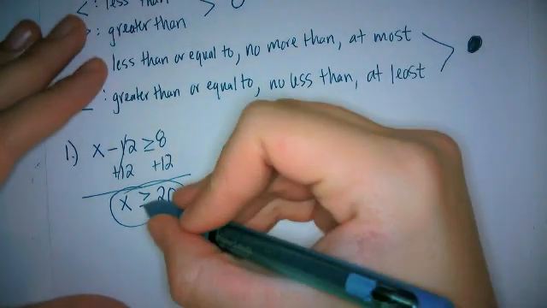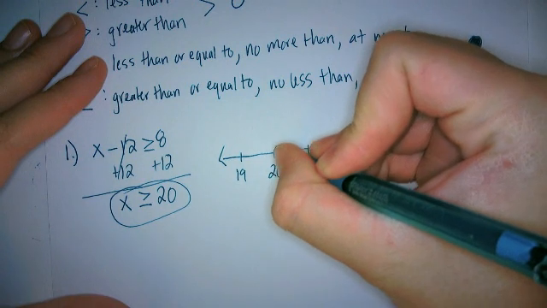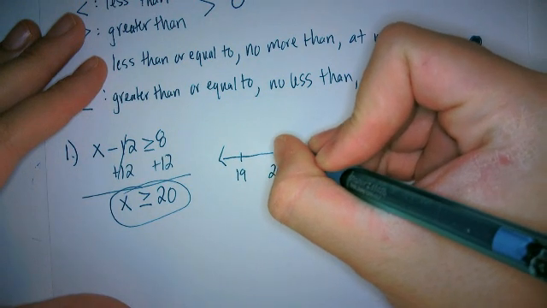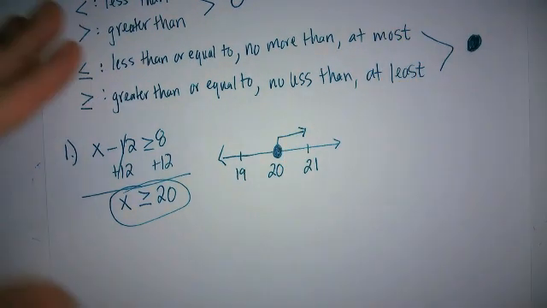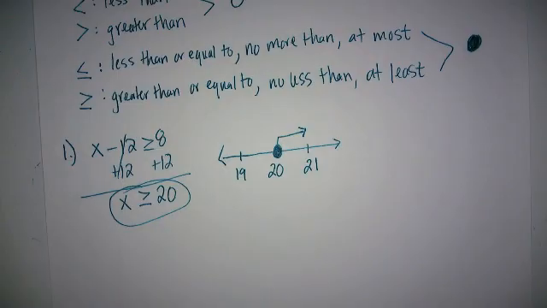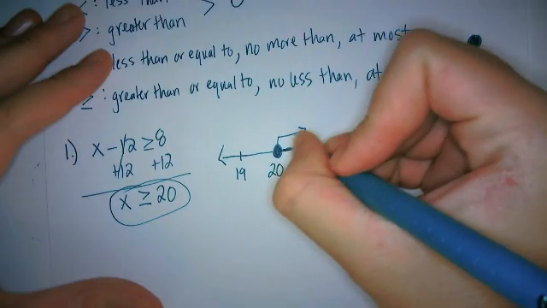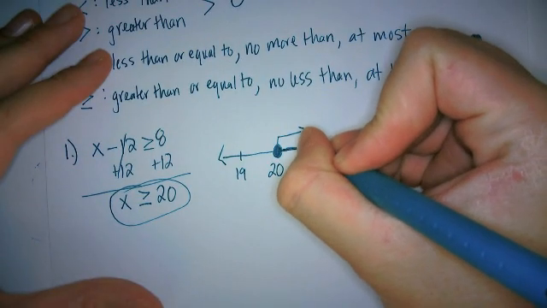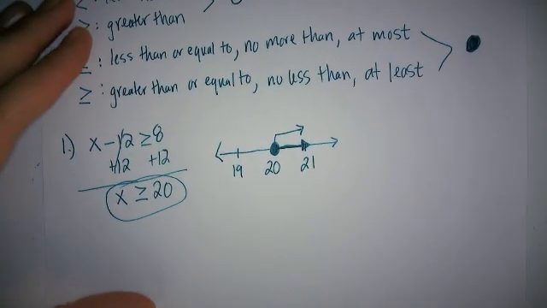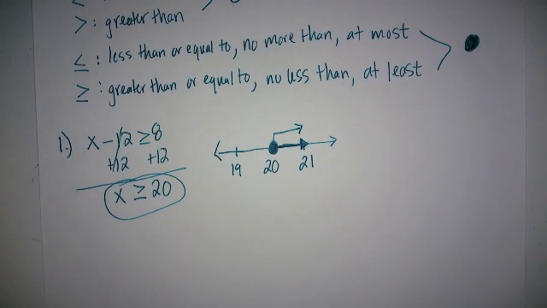Okay, so since it's greater than or equal to, I'm going to put a closed circle, and then I'm going to draw an arrow going to the right because it's greater than or equal to 20. Okay, you can draw your arrow like this. You could draw your arrow as long as it's thicker and I can see that it's there on the line. It doesn't matter how you draw it. Okay, but those are the two things I'm looking for.